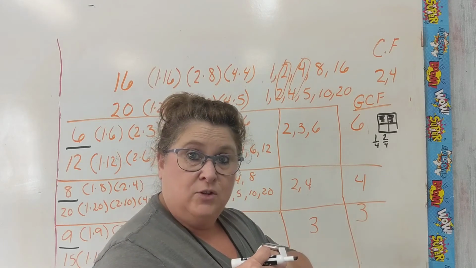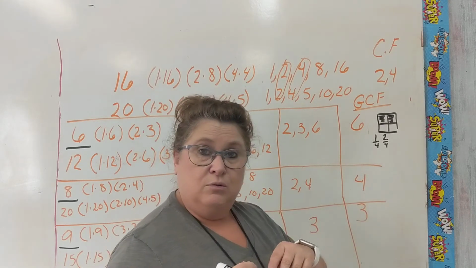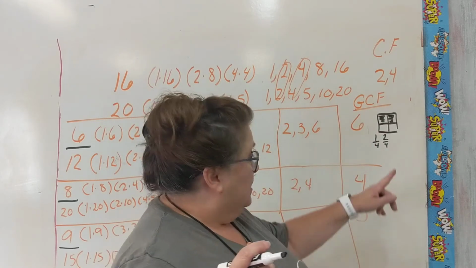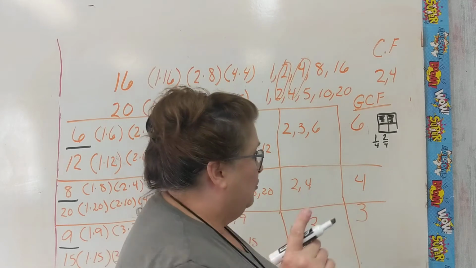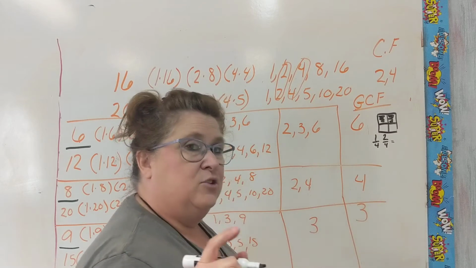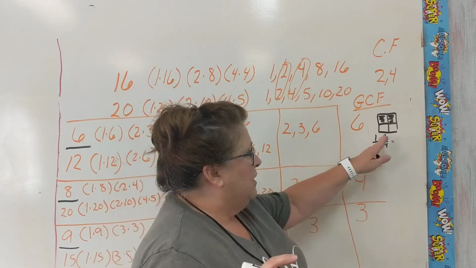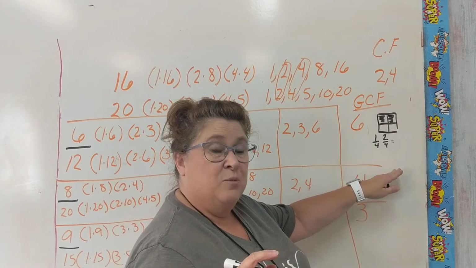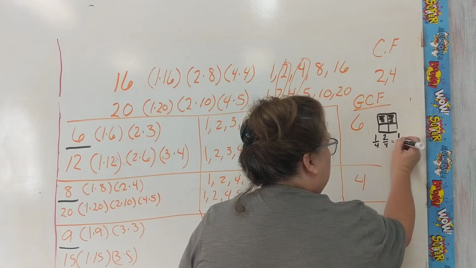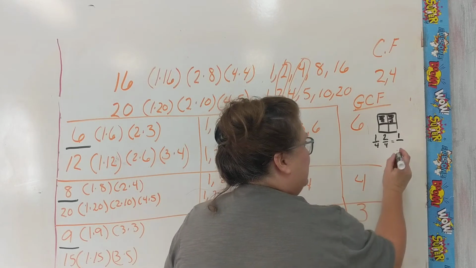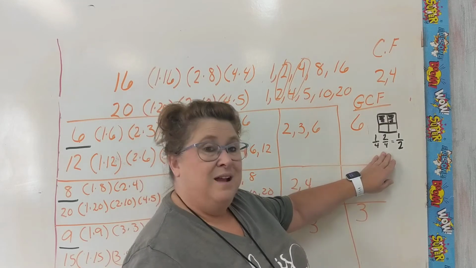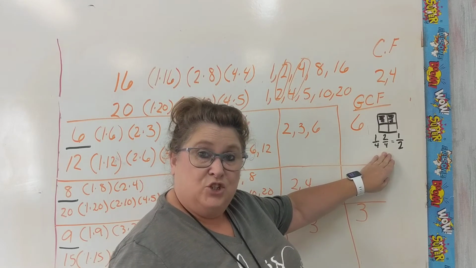I have a common factor, and my common factor is 2. 2 is also my GCF, my greatest common factor. So I can take that greatest common factor and watch this. I can take the greatest common factor 2 and divide my numerator by 2 and my denominator by 2 and watch what I get. 2 divided by 2 is 1. 4 divided by 2 is 2. 2/4 was not the simplest form that fraction could be in.